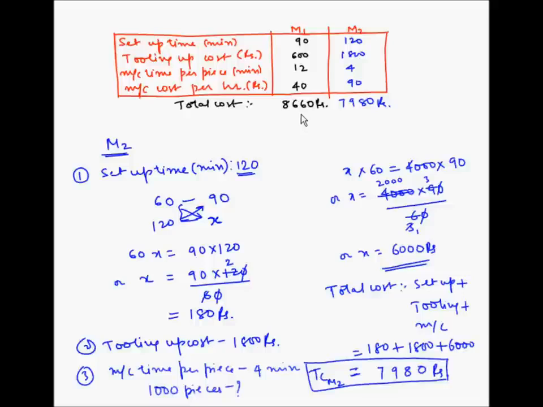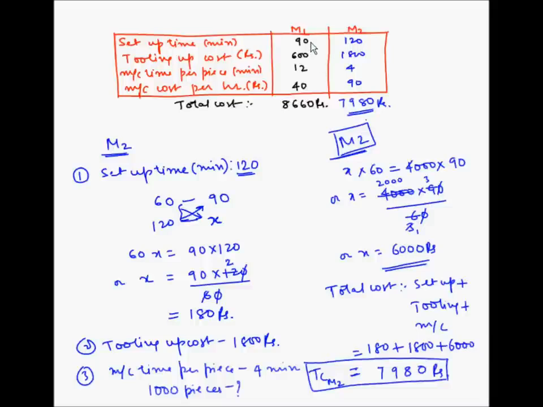So now if we compare M1 with M2, we find M2 to be a more economical machine between the two. Hence the recommendation or the decision should be to choose M2 machine. So let us quickly analyze these two machines and the data.